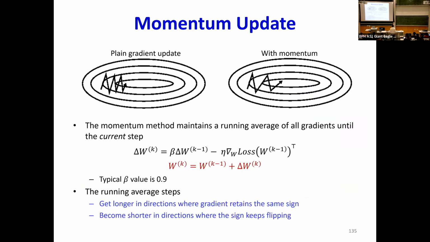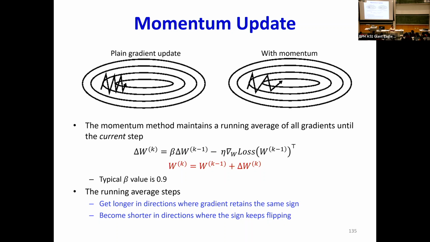And so here is the simple mechanism for this. At each point, you're computing the current derivative, but the step is going to be some beta times the previous step minus some eta times the current derivative. The minus is because you're always walking against the derivative, right? So the current step that you're going to take is obtained as a running average of derivatives across all iterations.